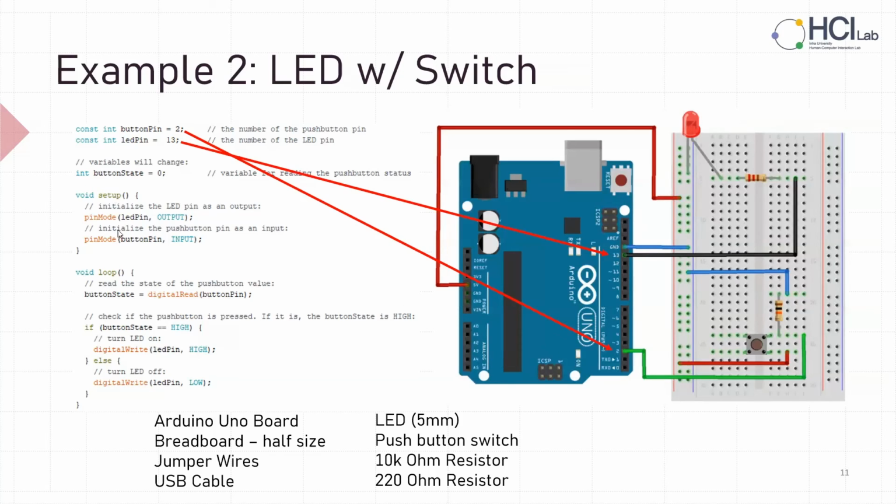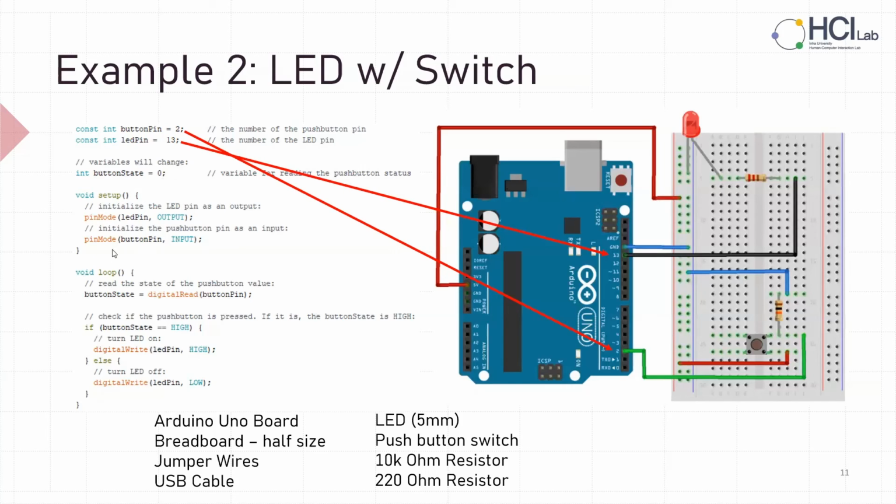And let's see our code here. We need to set the number of the push button pin and also the LED pin here. Pin 2 for the push button, and pin 13 for the LED. We also need to set the push button status as 0.